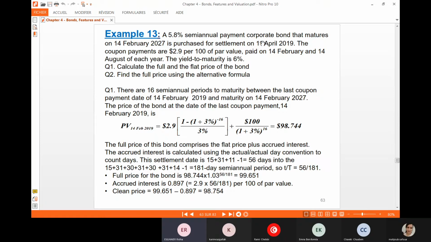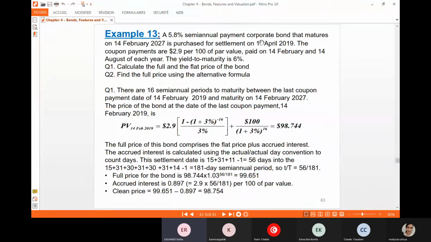So simply, if we want to compute the value of the bond on April 11, 2019, we need simply to compute its value at the date of the previous coupon payment. The most recent coupon received, if we are on April 11, 2019, is February 14, 2019.